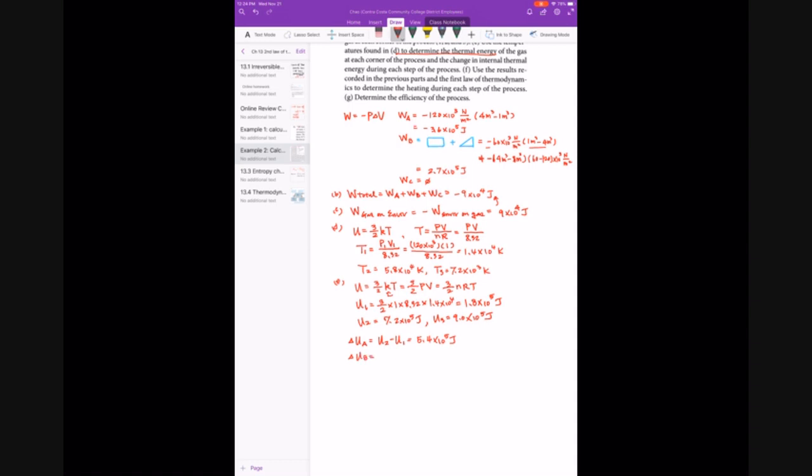Same thing for the B. You can also find this to be U3 minus U2. That will be negative 6.3 times 10 to the 5th joule. C will be U of 1 minus U of 3. That will be 9.0 times 10 to the 5th joule. Sorry, this is a 4.